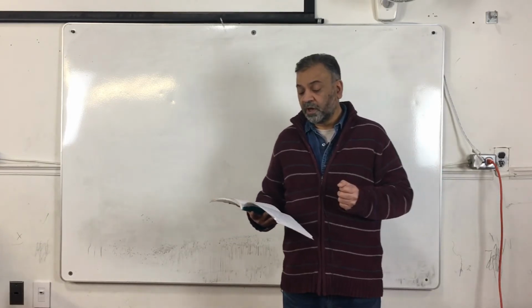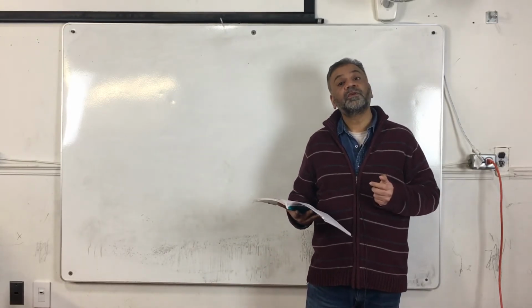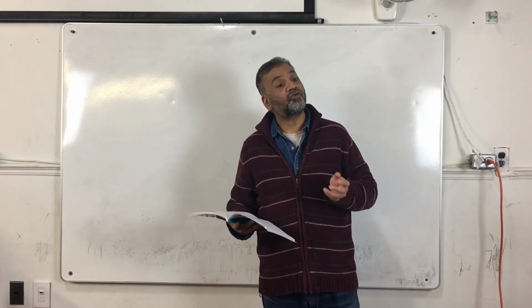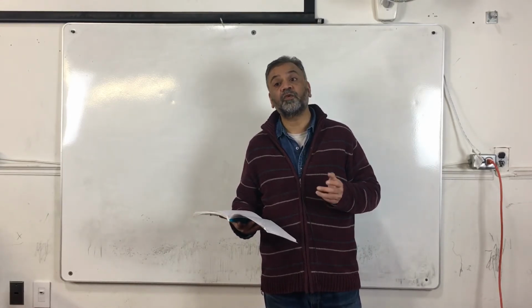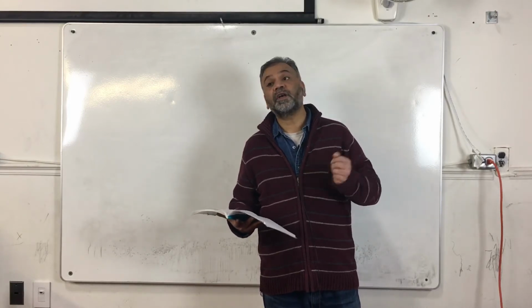Zawjatuhu mudarrisatun, his wife is a teacher, right. Zawjatuhu is mudaf and mudaf alayh. Where is the mubtada? Zawjatu, and it is mudaf, and hu is mudaf alayh. It's very simple. Ismuha Aminatu, her name is Amina, very simple.